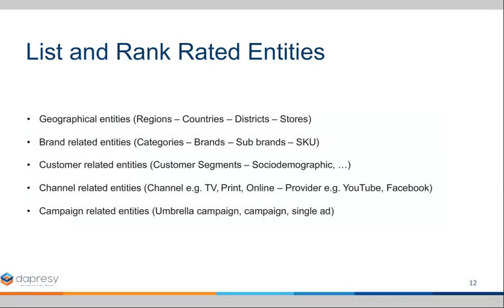You can have, of course, customer-related entities asking for specific customer segments or social demographics. You can ask for specific channels, so how is the performance in TV, print, online, or for a specific provider. And last but not least, of course, you can measure campaigns like umbrella campaigns or single ads.